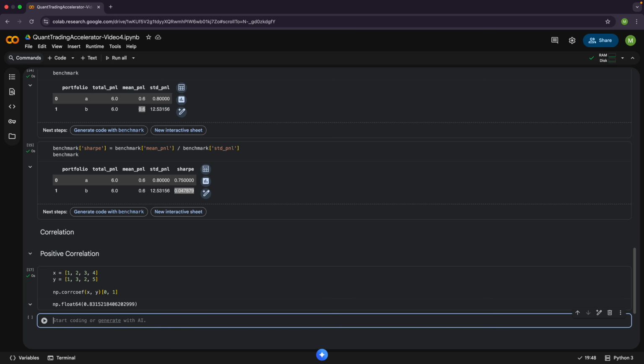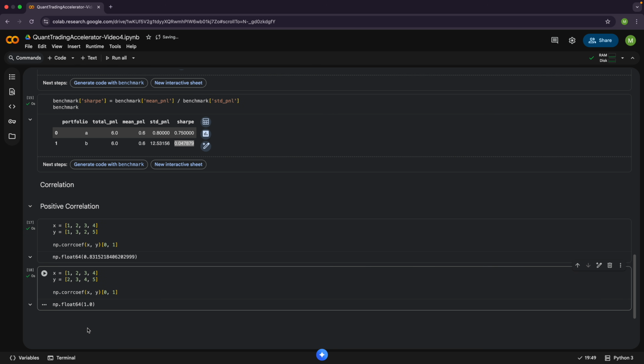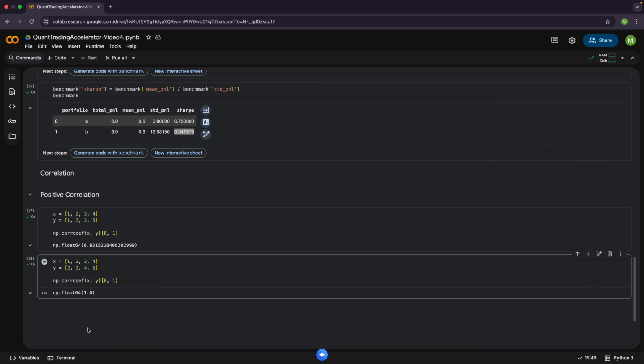Here's an example of a perfect correlation, but in practice you never see a value of 1.0. The strongest correlation is either -1 or 1, but in practice you never see it, because in the real world it's never as strong as this.